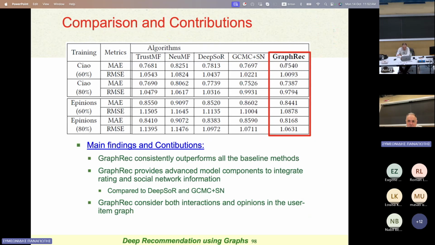The GraphRec outperforms the other methods in most of the cases. Here it's the mean absolute error, and in MAE and RMSE, the smaller is better, so the GraphRec outperforms the other methods.